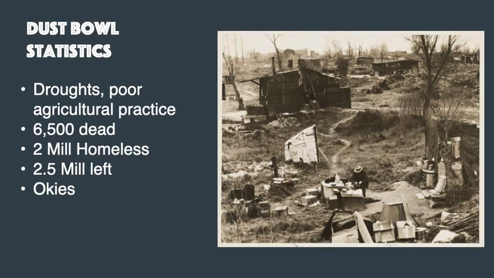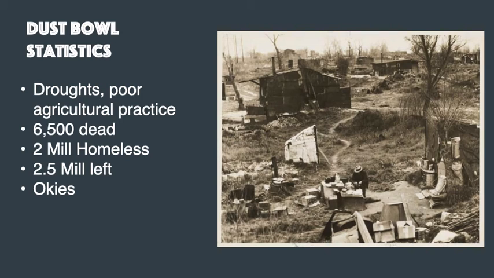Now imagine you're on the plains in the 1930s and you see something like this, you turn to the family Bible, and a lot of this looks like what's being described in the book of Revelation. And it's easy to see why people thought this may be the end of the world. The droughts and poor agricultural practices that led to this will leave 6,500 people dead from these dust storms.